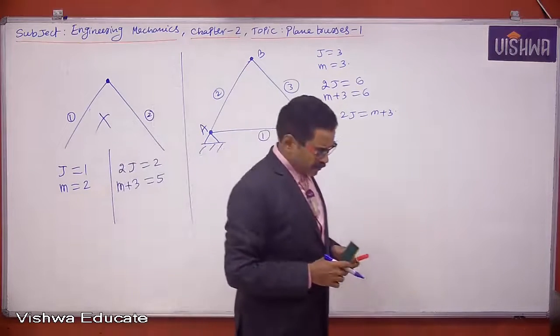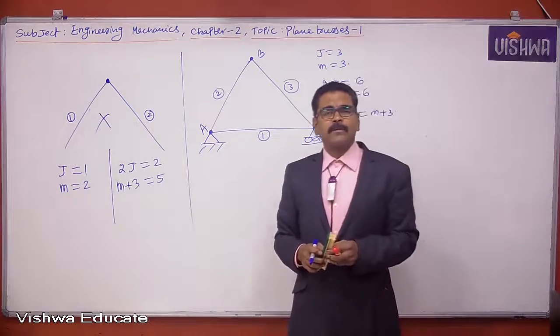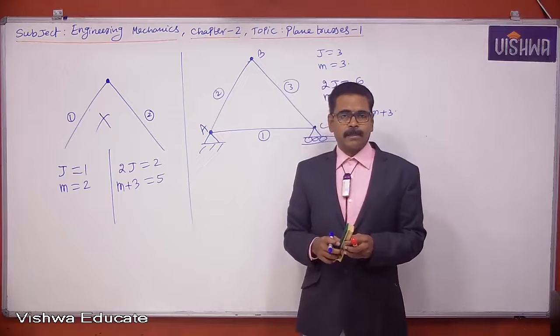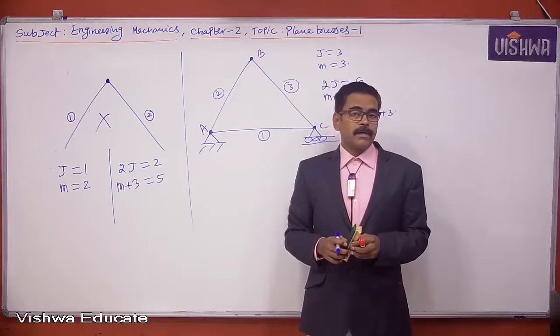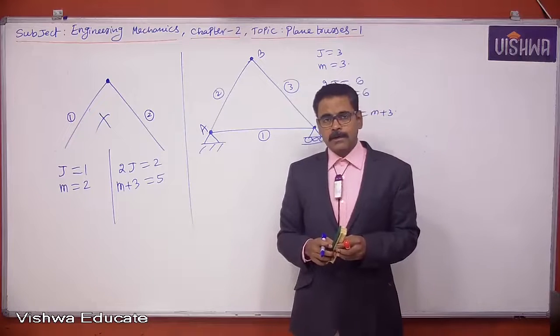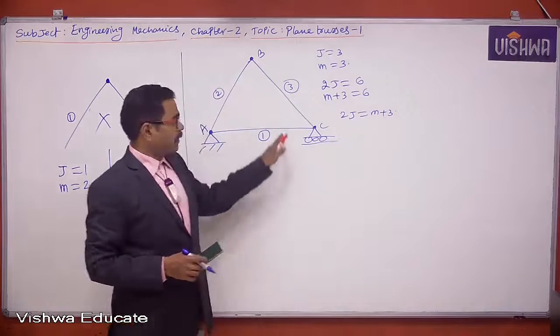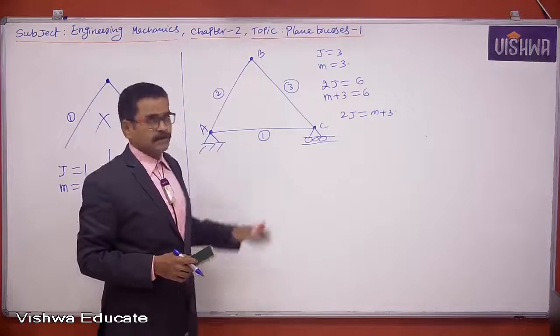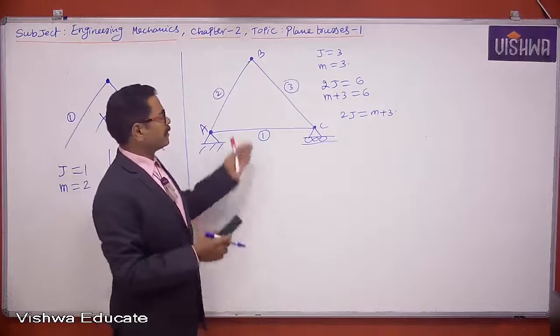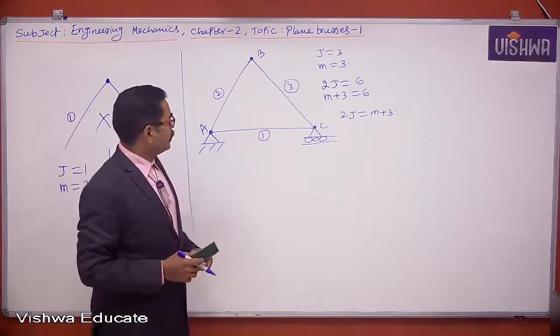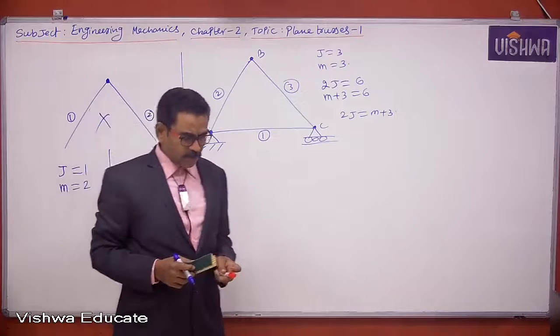The lowest number of elements in a plane truss is 3. Please copy. This is a rigid plane truss. All rigid trusses are called plane trusses. Please copy and write these two points.